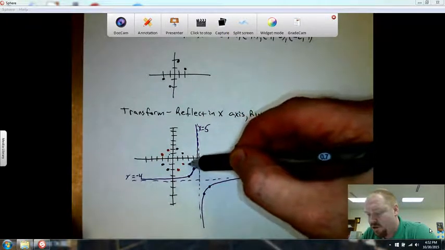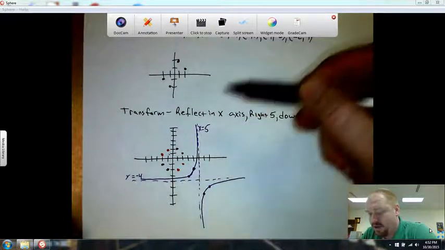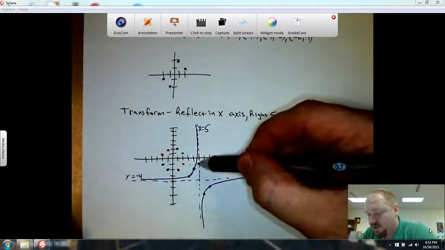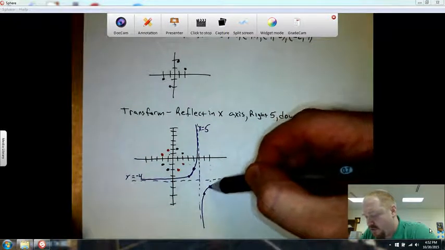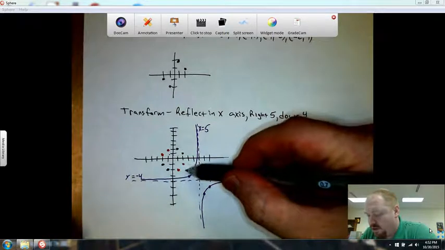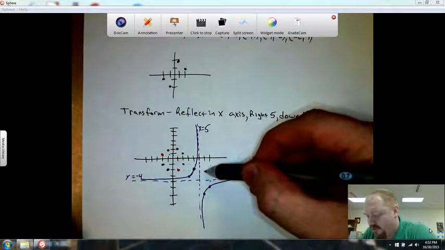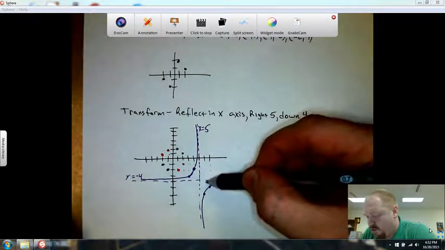Same thing over here, and down here, counting right 5 and down 4 each time.